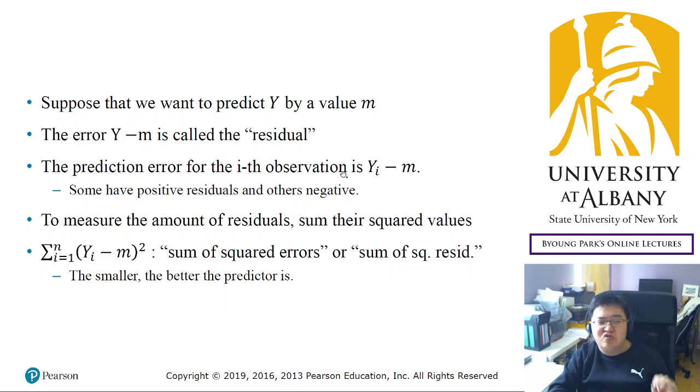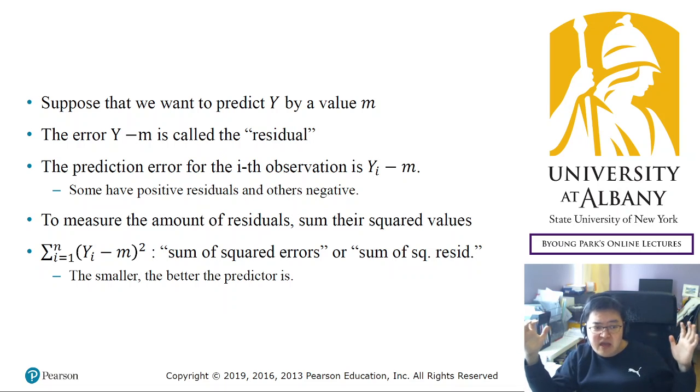What you want is for the error to be 0, but practically that's not possible. But anyhow, you want to make the errors as close to 0 as possible. The best predictor will reduce the size of the error from both directions, from the negative or from the positive.